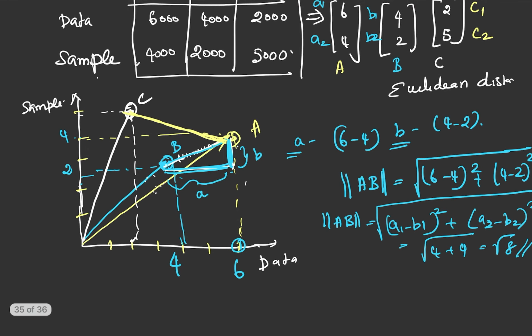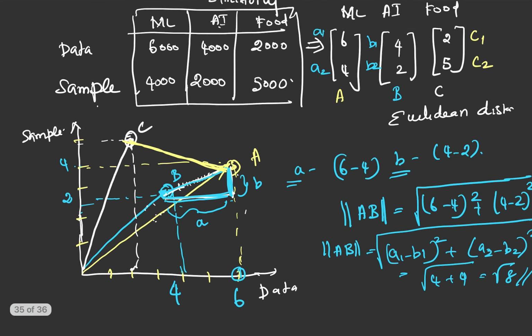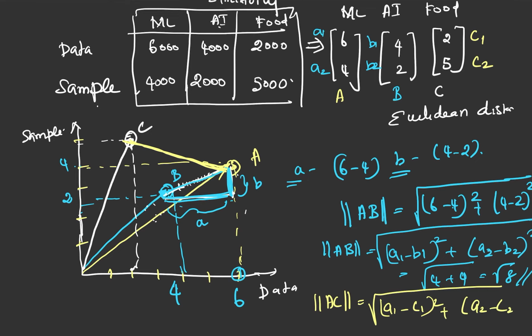Then calculate the distances. For A and C, the norm AC becomes the square root of A1 minus C1 square plus A2 minus C2 the whole square.